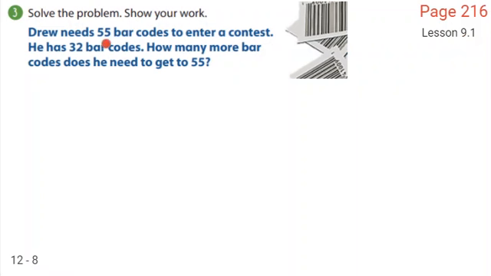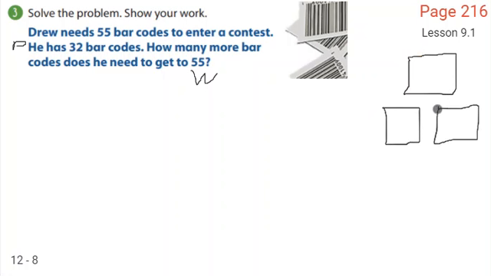Okay, Drew needs 55 barcodes to enter a contest. He has 32 barcodes. How many more barcodes does he need to get to 55? Remember, he needs to get there, so that's the whole. And this is a part right here. So you draw the number bond, the whole goes at the top, and the part and part.